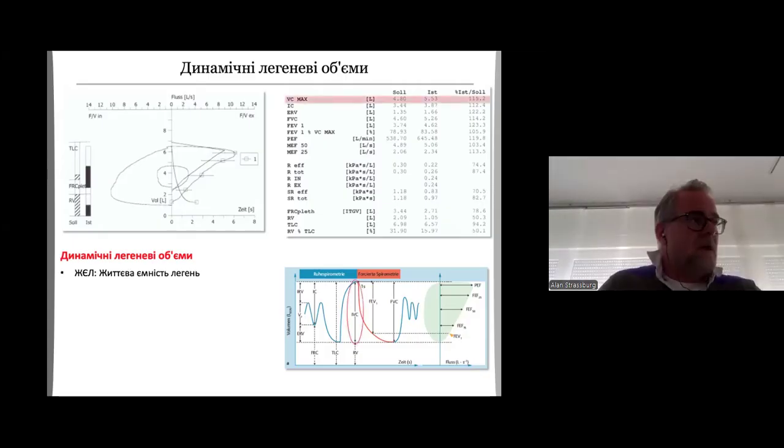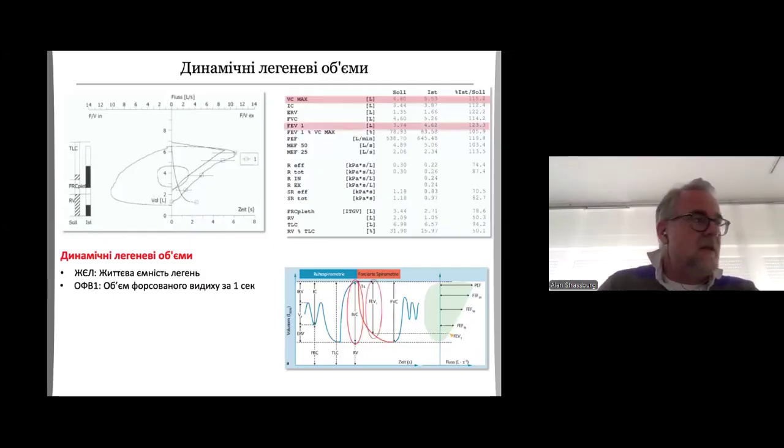The dynamic lung volumes consist of, for example, the inspiratory vital capacity, the IVC, the 1 second capacity, the FEV1, and from that we use the so-called Tiffeneau quotient to define the obstruction.